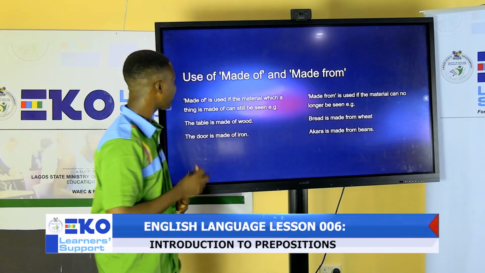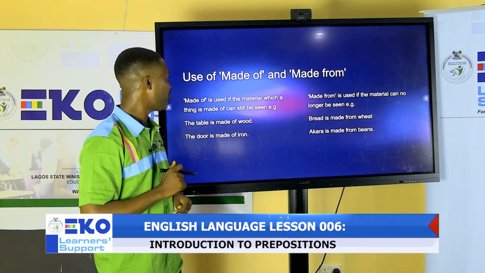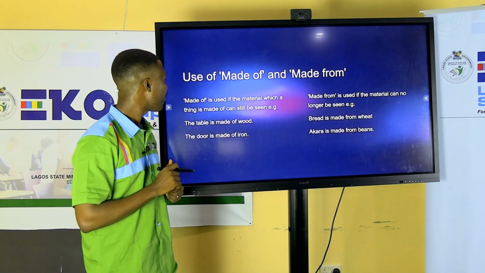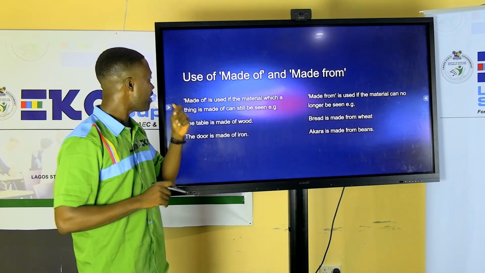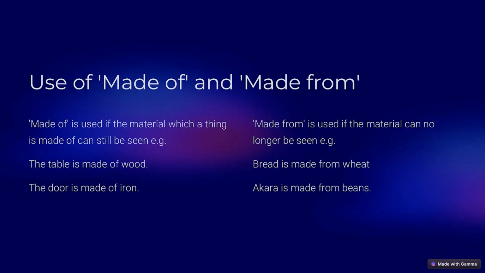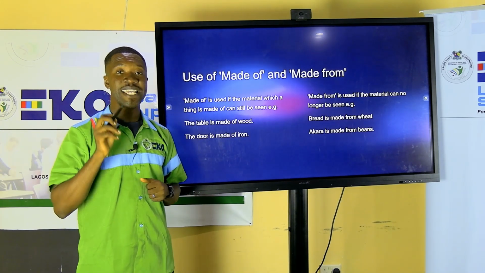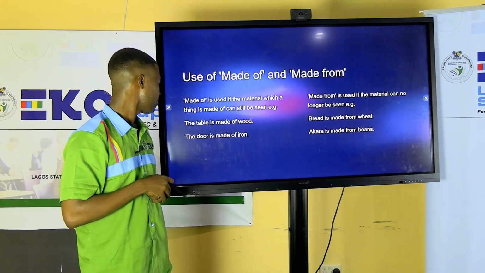Let's move on. How do you make use of made of and made from? When you make use of made of, it is used if the material which a thing is made of can still be seen. For example, the table is made of wood.